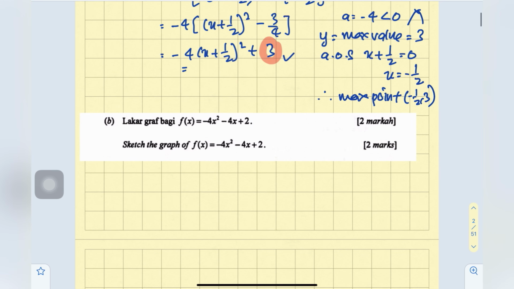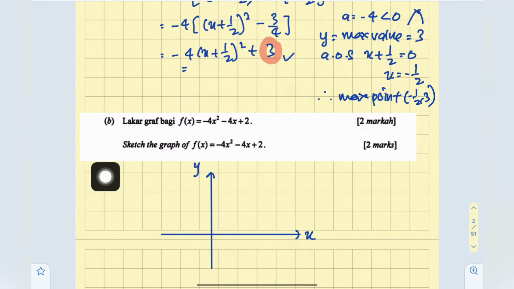Okay, so this is our graph, the y axis, and this one is the x axis. Then negative 1 over 2, 3.